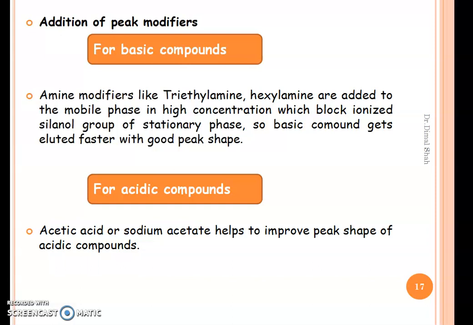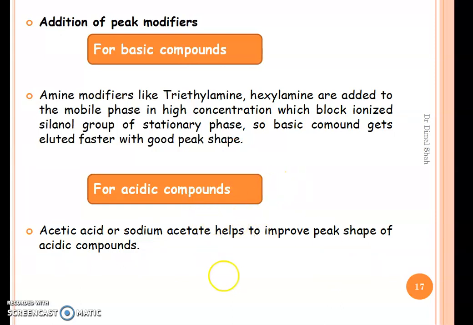For example, if you add triethylamine, this triethylamine will block the silanol group, and due to that the compound gets eluted faster, and a good peak shape can be obtained. But we need to take precaution also, because such peak modifiers may sometimes damage your stationary phase bindings.